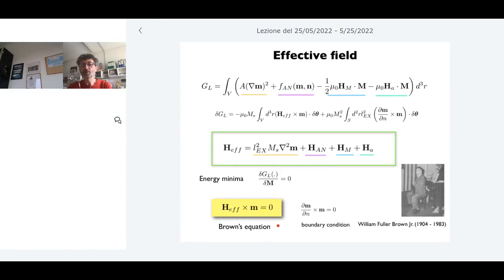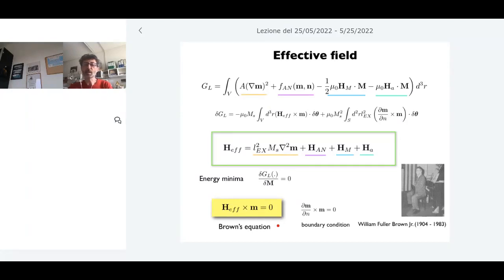So an expression, a vector field that you can compute, is not a magnetic field only, it is a mathematical combination of the contributions of several terms. But the important thing is that in order to be an energy minimum, a configuration must have magnetization parallel to the effective field.